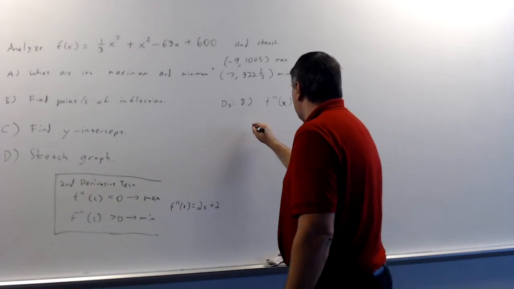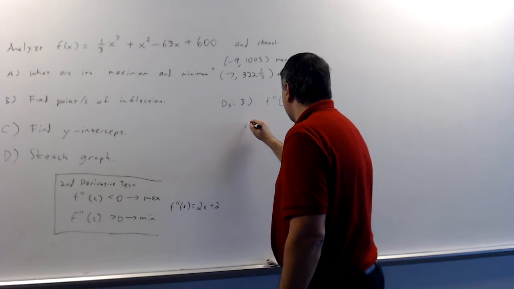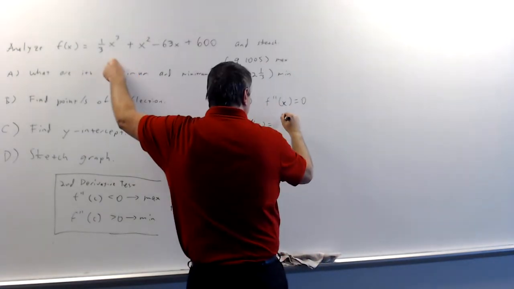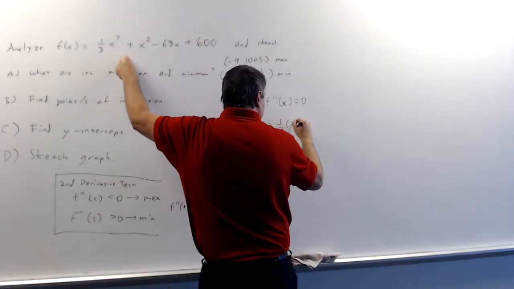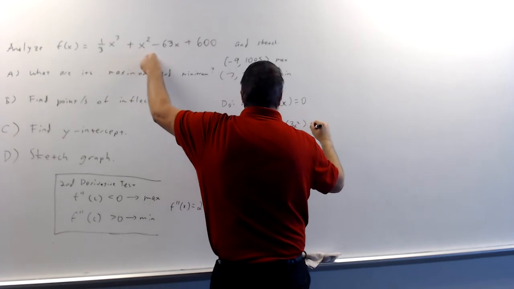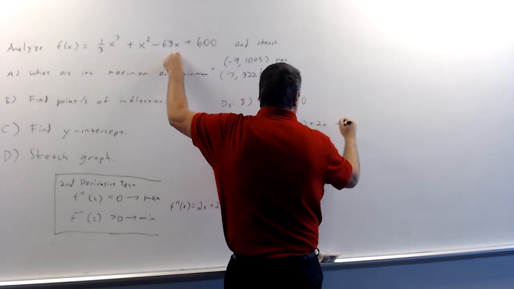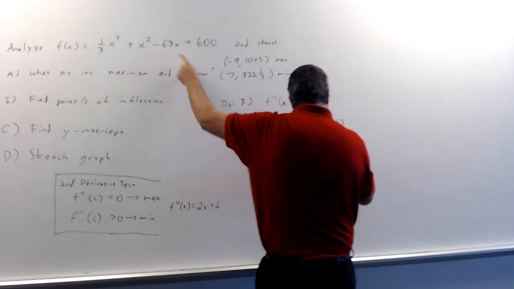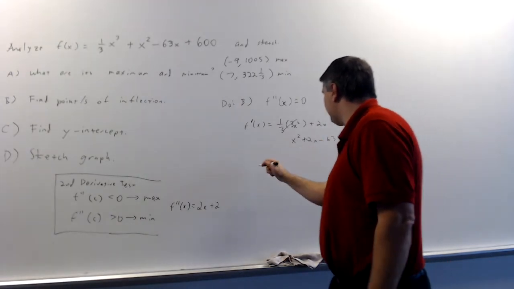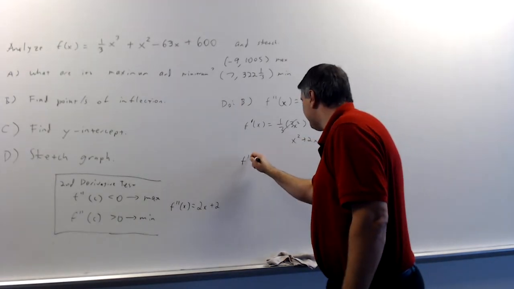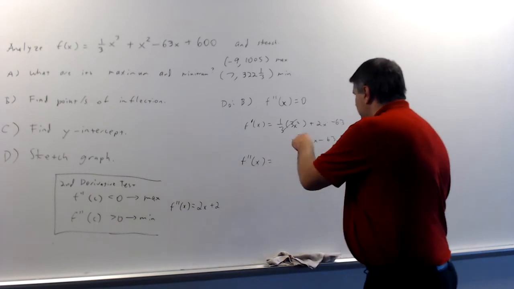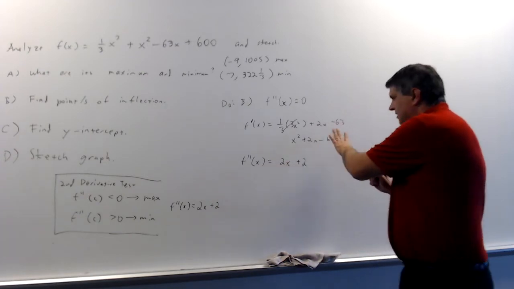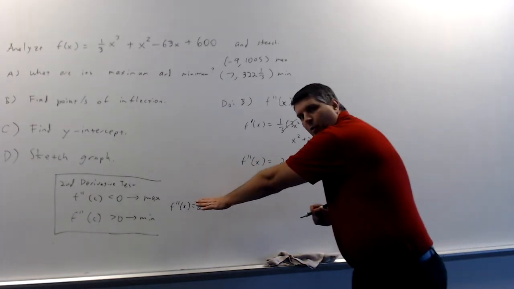So f prime of x will be 1/3 times 3x squared plus 2x minus 63, so x squared plus 2x minus 63. That's the first derivative. The second derivative is 2x plus 2. The derivative of a constant is 0, which is what we got before.